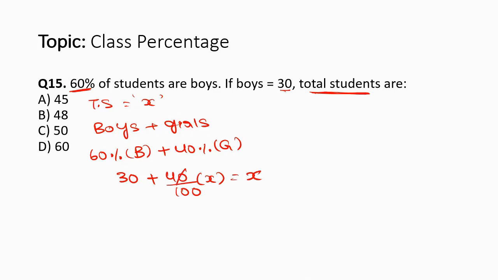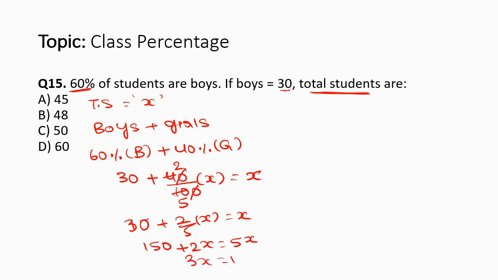So just calculate this. 2 2s, 2 5s. 30 plus 2 by 5 of x equal to x. 150 plus 2x equal to 5x. 5x minus 2x, 3x equal to 150. So x equal to 50. It means total students is 50.